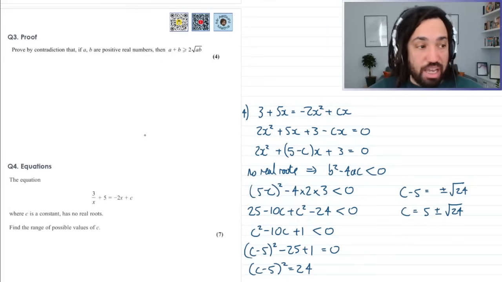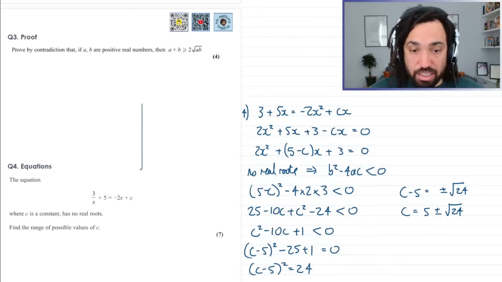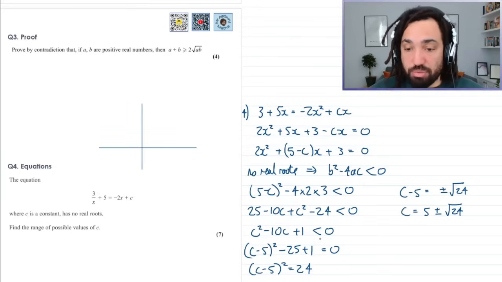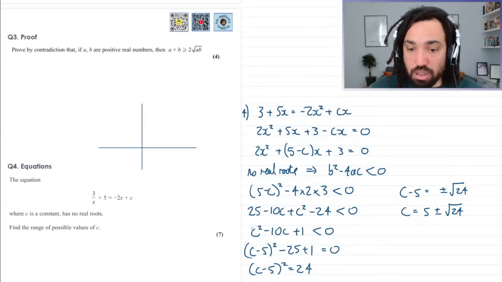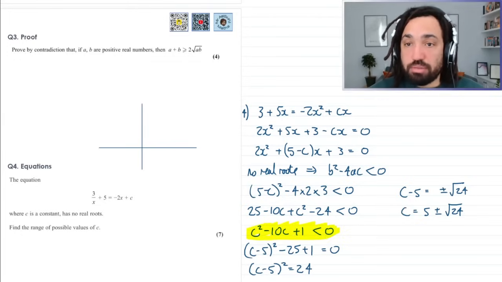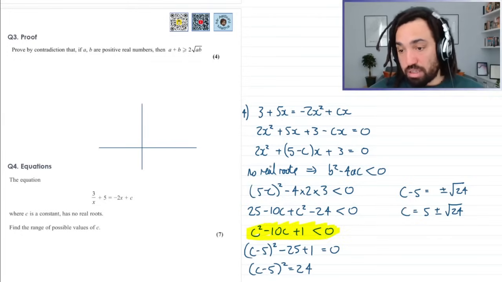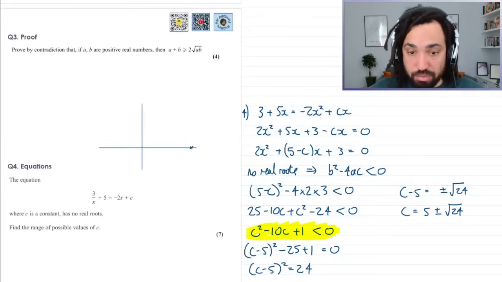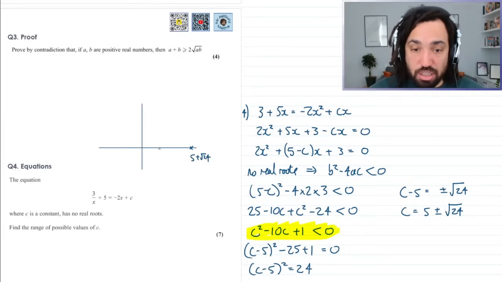Now I'm solving a quadratic inequality which is less than 0. So if we look here, the quadratic I'm trying to solve the inequality for is less than 0. So that means that over here, one of our solutions looks like this. Over here, another one looks like this.